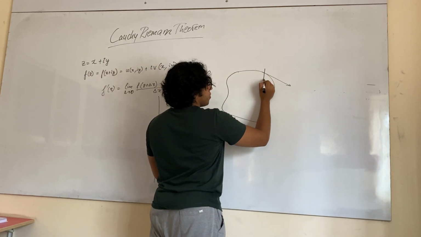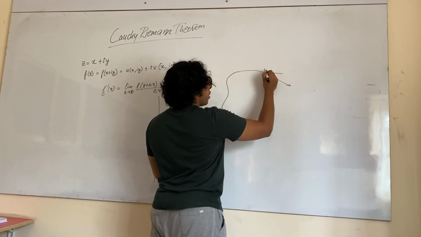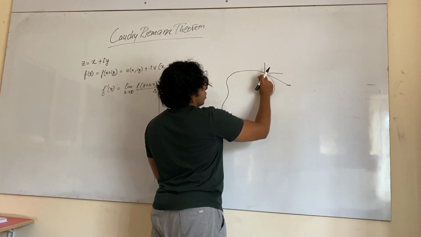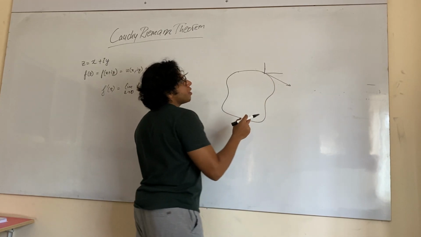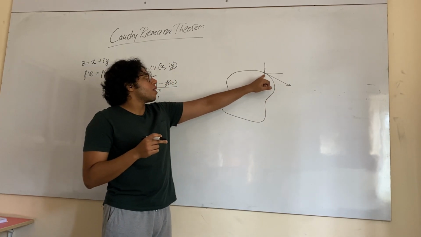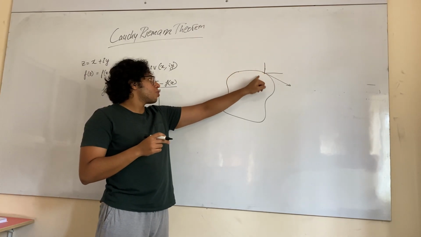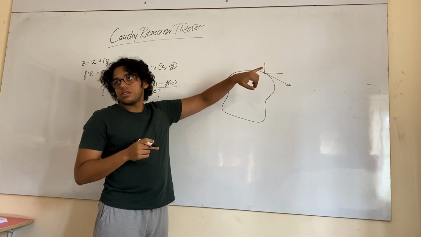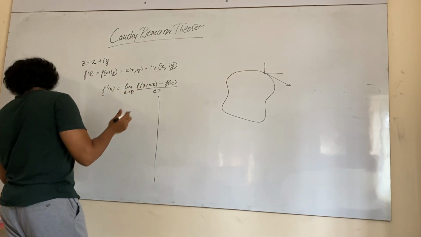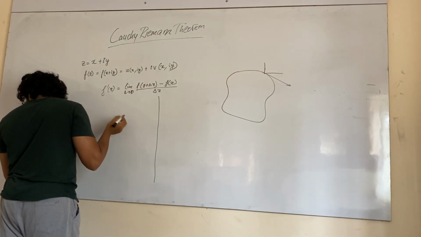Basically this is the same tangent, and you cannot have two different tangent values here. You cannot have one tangent here and one tangent here. They should be the same for this to be continuous, right?